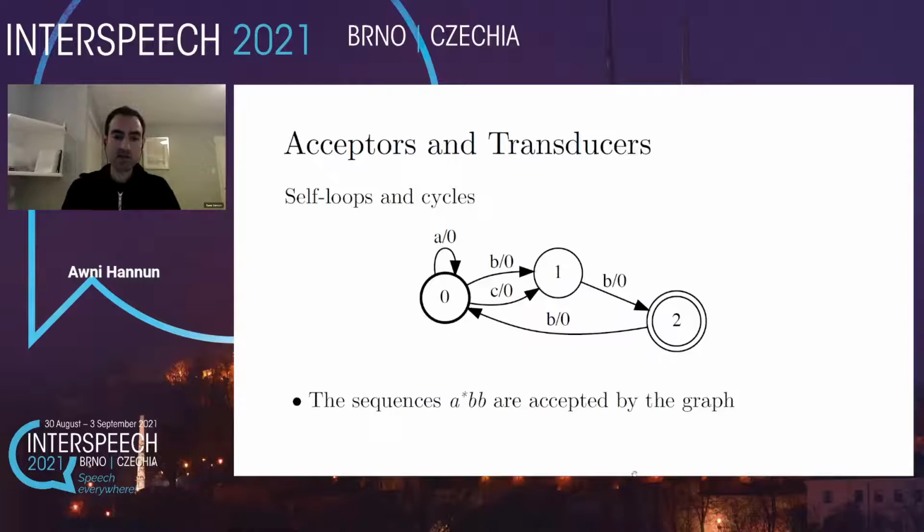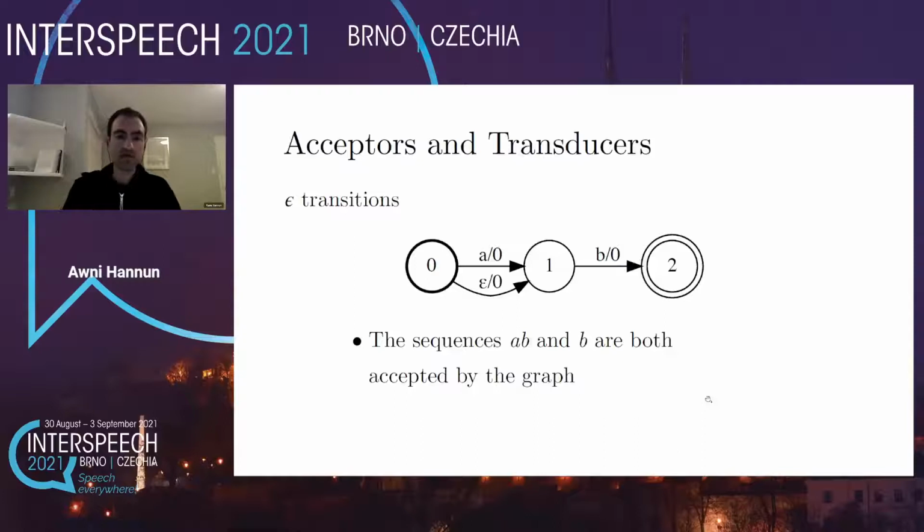In general, self loops and cycles are okay, but they do introduce complexity, and some operations are not supported for self loops and cycles, which I'll mention later on.